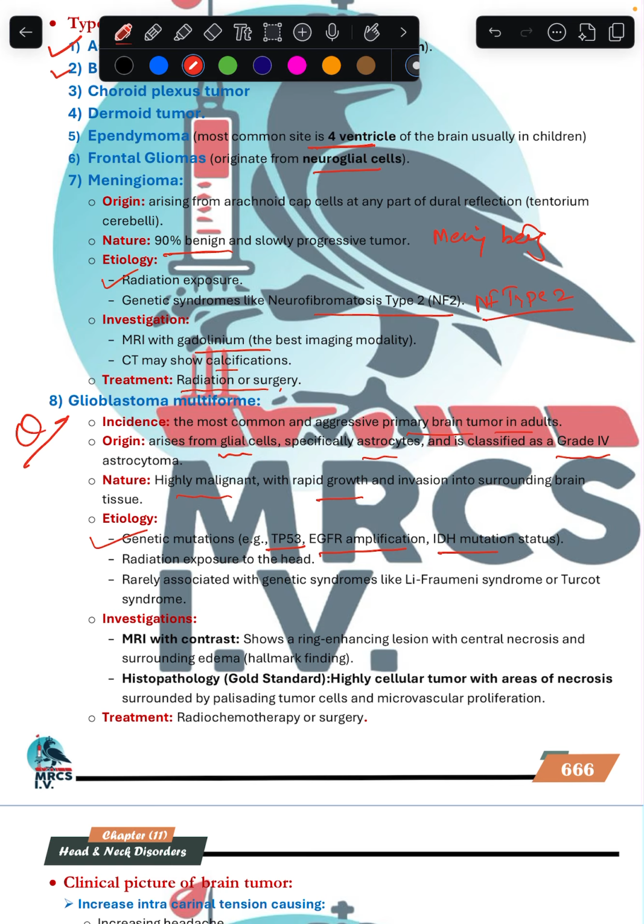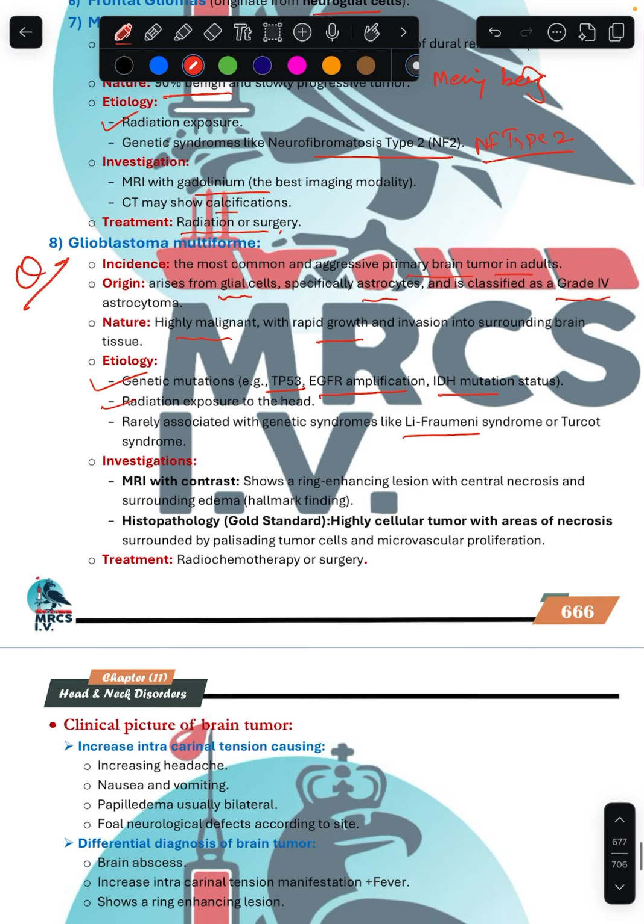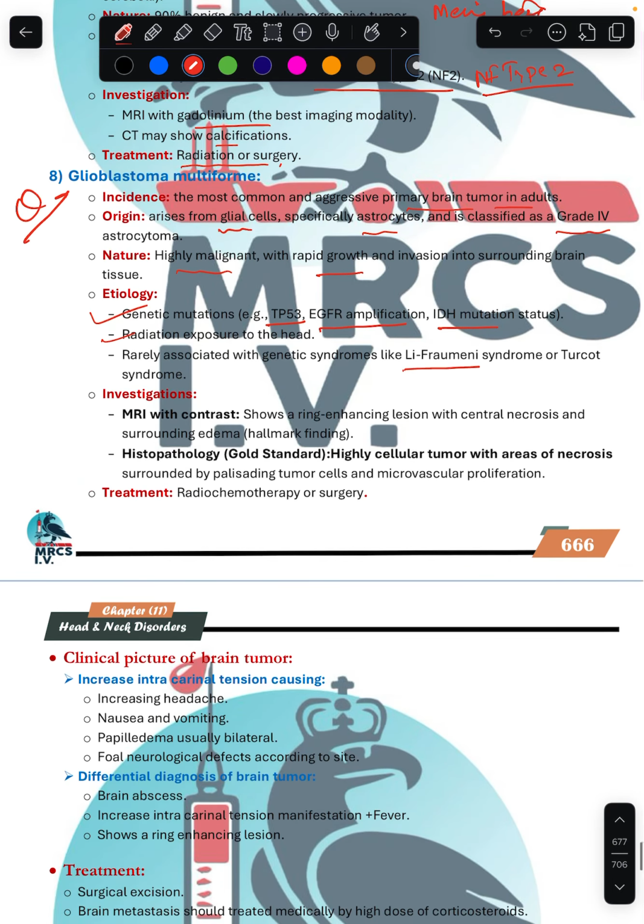So this is genetics. Exposure to radiation to the head, rarely associated with genetic syndromes like Li-Fraumeni or Turcot syndrome. MRI with contrast shows a ring enhancing lesion. This is the question: ring enhancing lesion whenever you do MRI, and central necrosis is the hallmark finding.